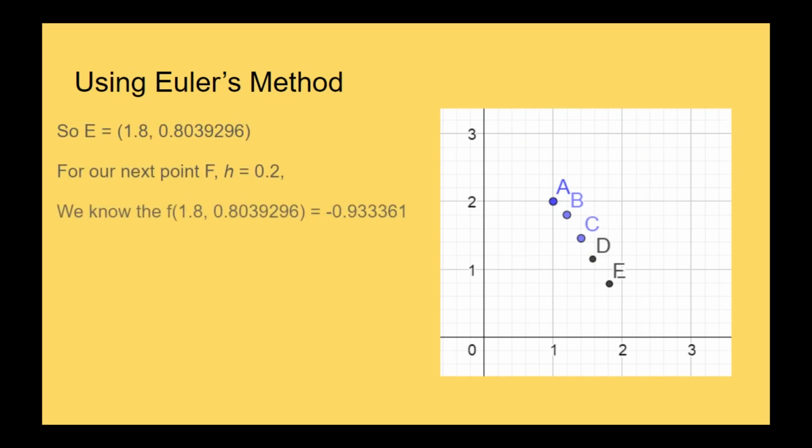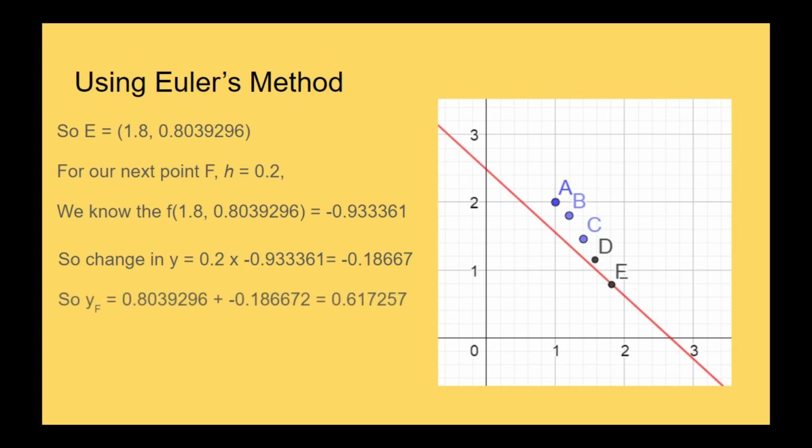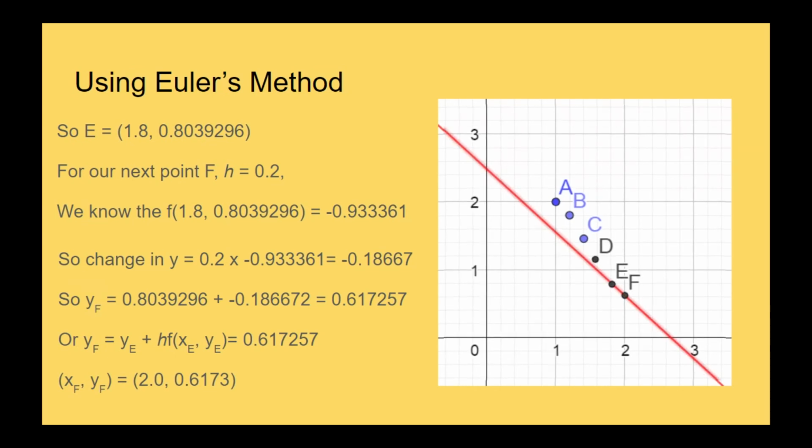So it's the same thing again. Step length is 0.2. We can work out the gradient at that point going through E. But it's got shallower, still going downhill, but relatively shallower. Work out our change in y, step length times gradient at that point, and work out our new y value. The old y value, or previous one, plus step length times gradient at that point. Until we've got our coordinates for our point F.